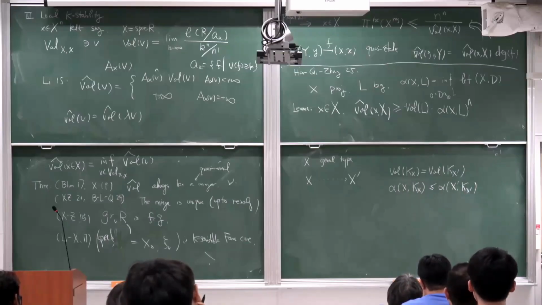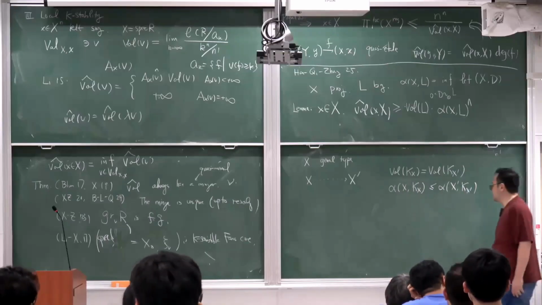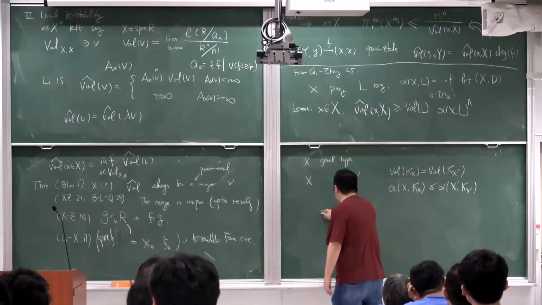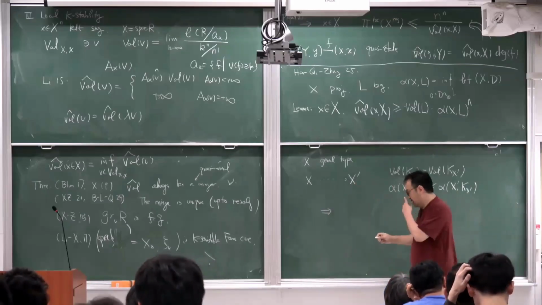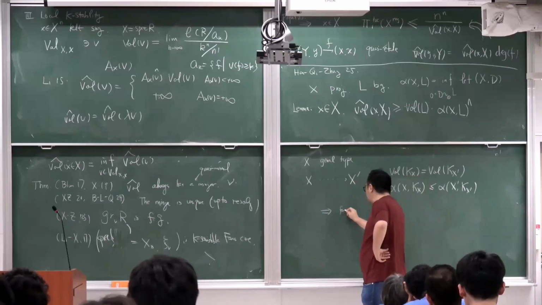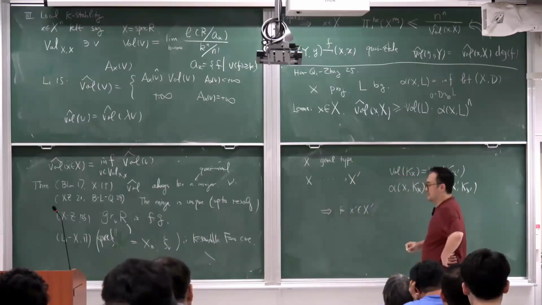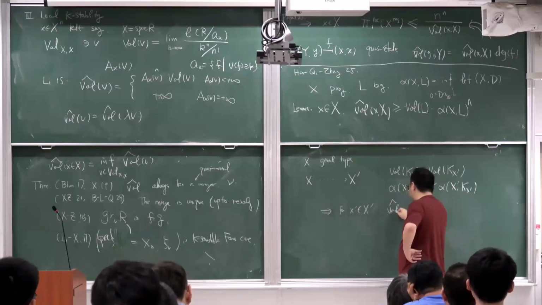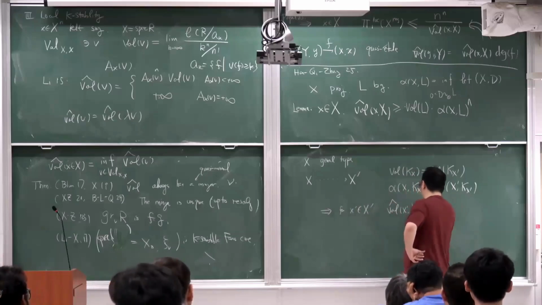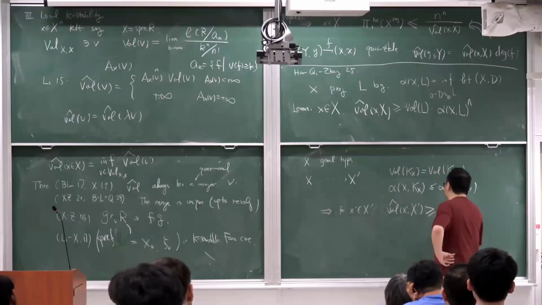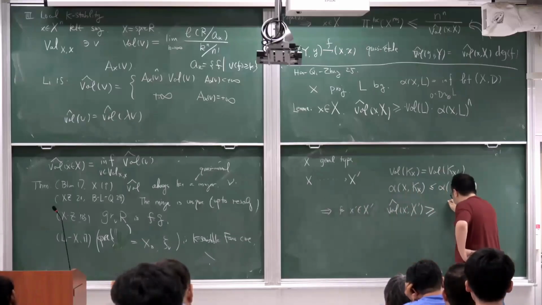So because of this, you immediately conclude that for any x prime in X prime, the local volume is larger than some fixed constant.